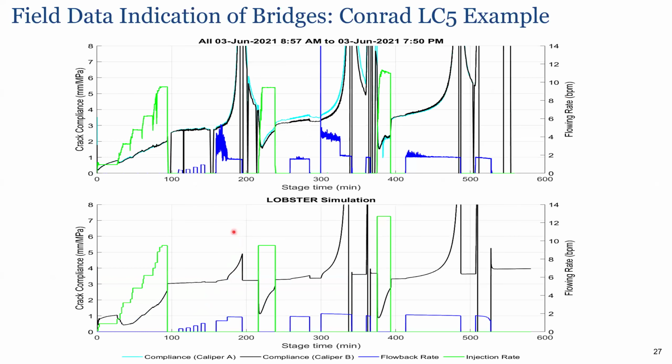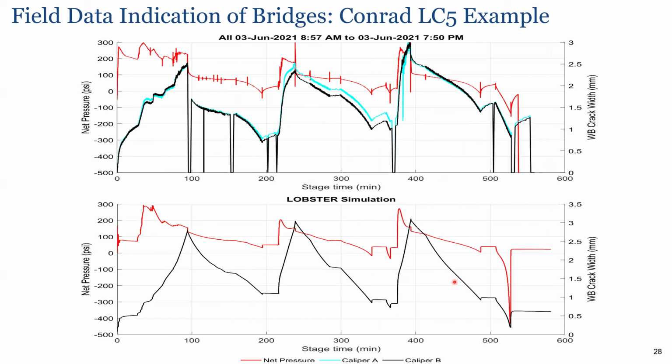And when we substitute that into our model, we are now able to get the crack compliance modeled correctly. It lands in the right order of magnitude and increases with subsequent cycles. We get the pressure and width, therefore, modeled at the same time.